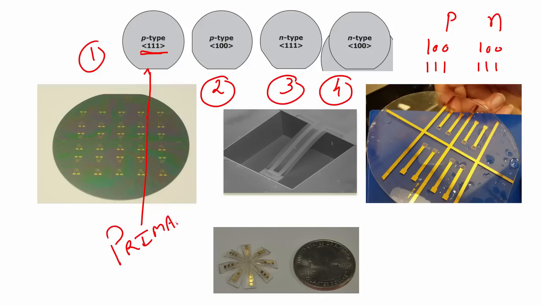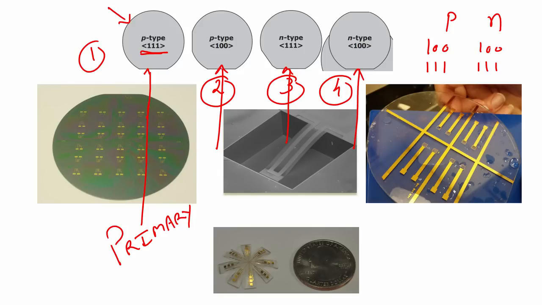See, the primary flat is here also, there is a primary flat here, very good, primary flat here. So, every wafer has a primary flat, but not every wafer has a secondary flat. So, in p type 111 there is no secondary flat. Can you find a flat in this circle? There is no flat in this particular circle.